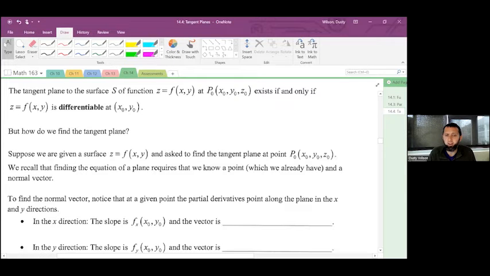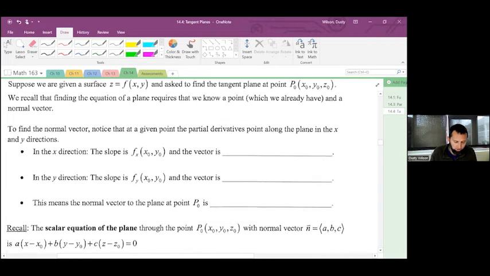We recall that finding the equation of a tangent plane requires that we know a point, which we already have, and a normal vector. To find a normal vector, notice that at a given point, the partial derivatives point along the plane in the x and y directions.